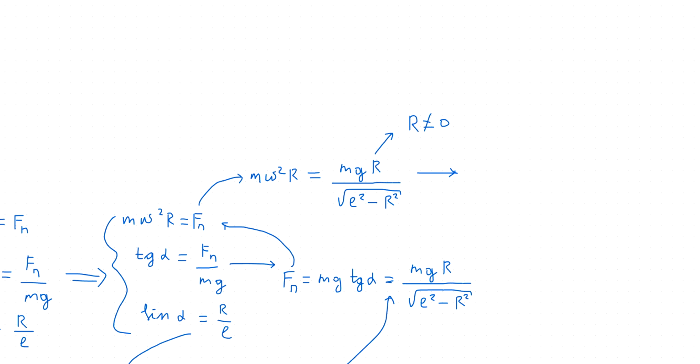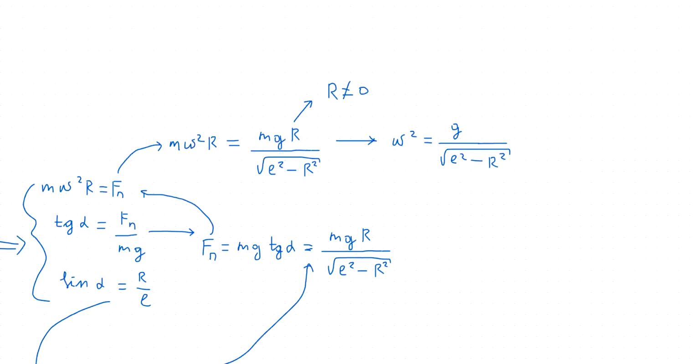So we will get omega to the power of 2 is equal to g divided by the square root of L to the power of 2 minus R to the power of 2.